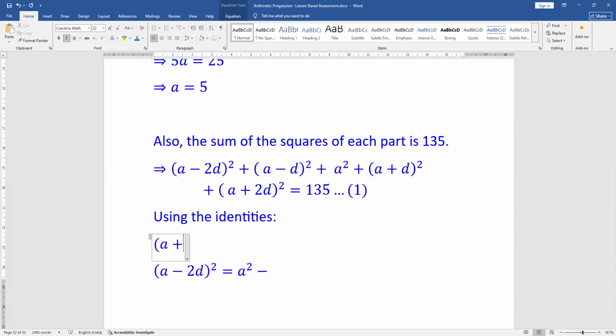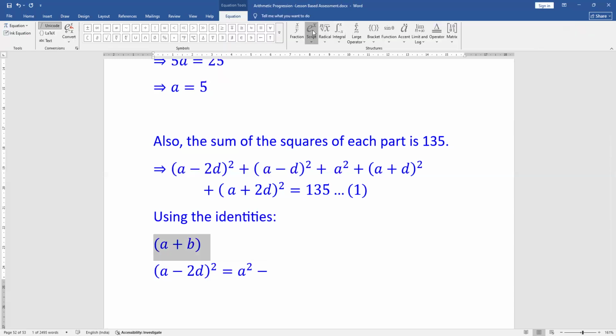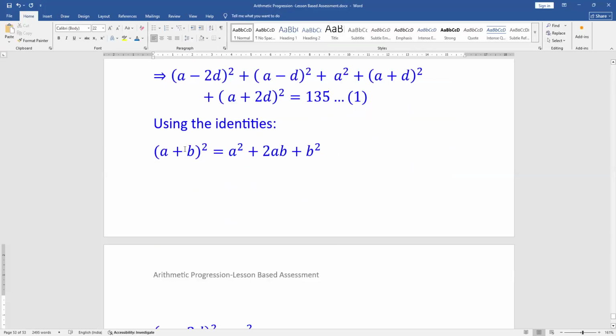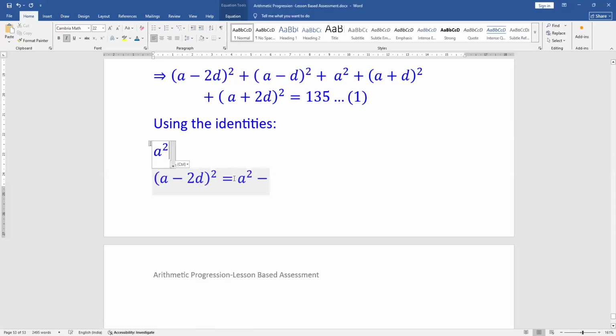One is (a plus b) whole square equals a square plus 2ab plus b square. And another identity, which is the other one?